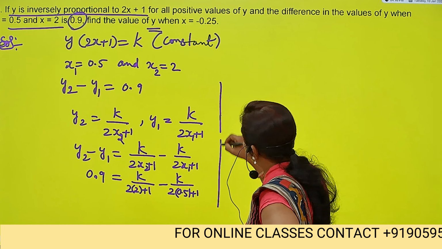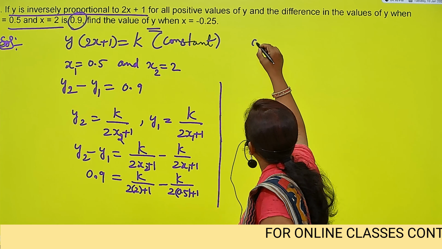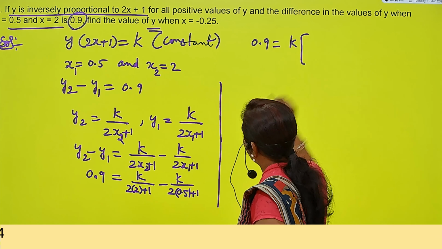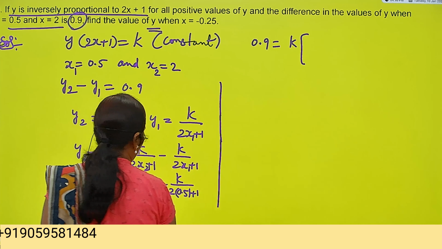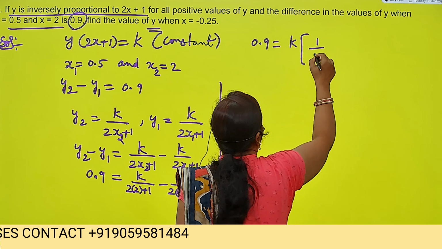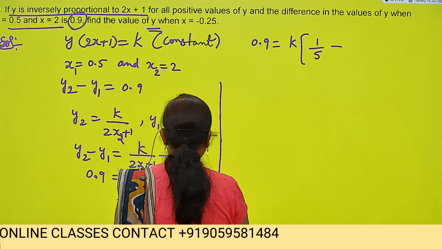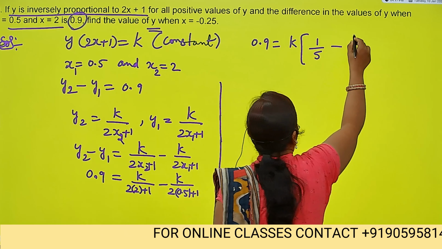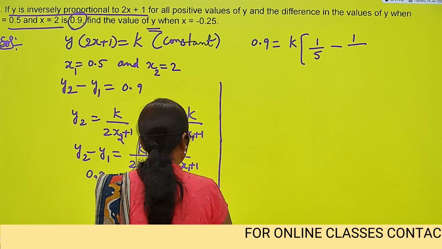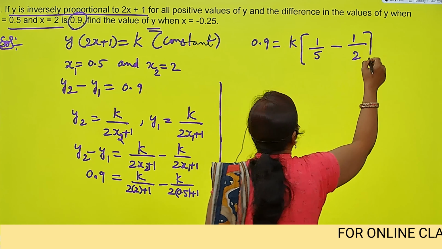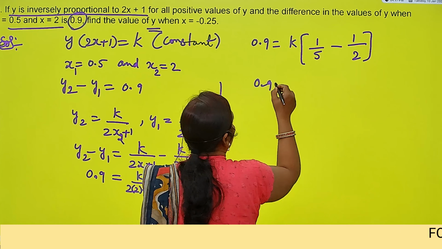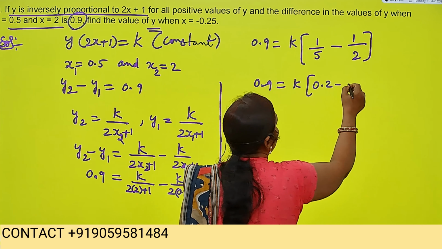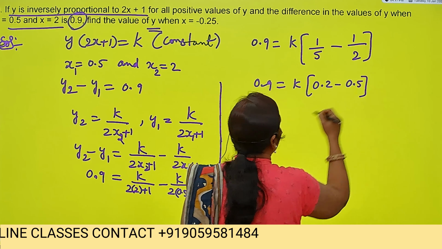What is this here? 0.9 equal to k, taking k common from the two terms: 1 over 5 minus 1 over 2. So 0.9 equal to k into 0.2 minus 0.5.